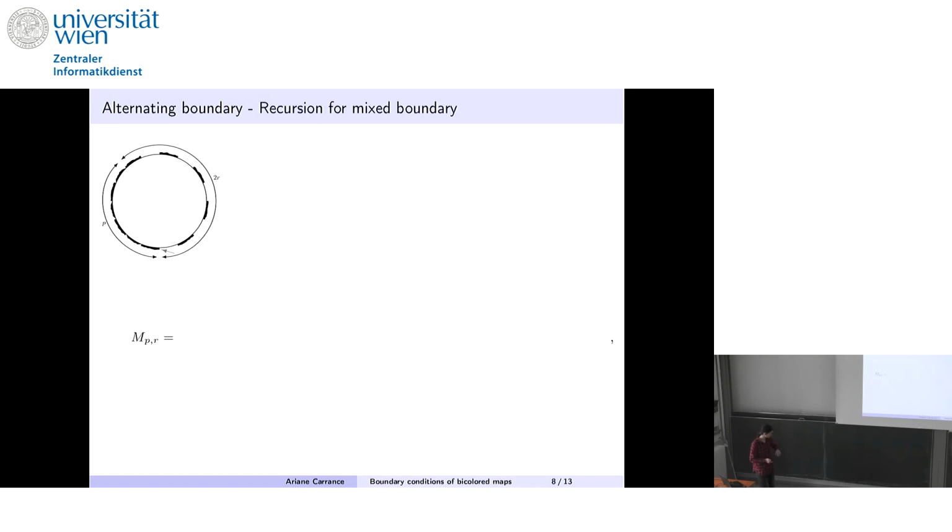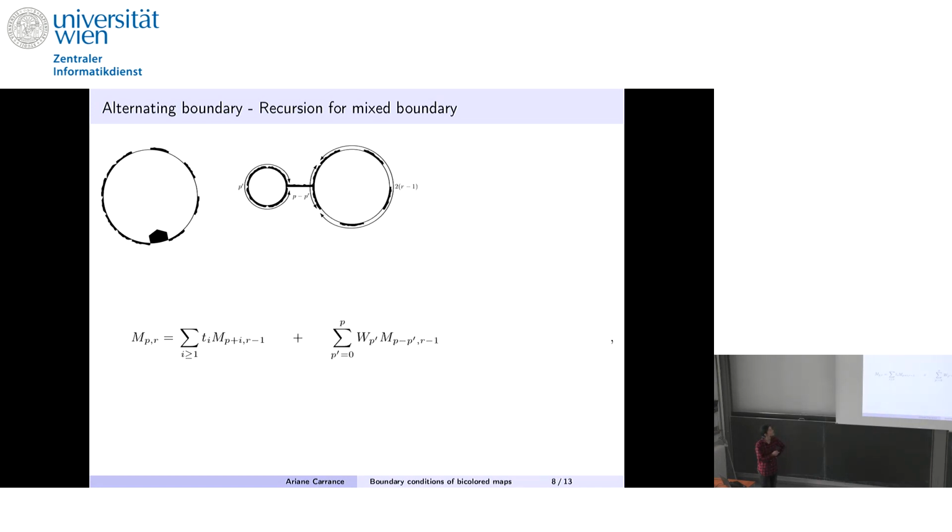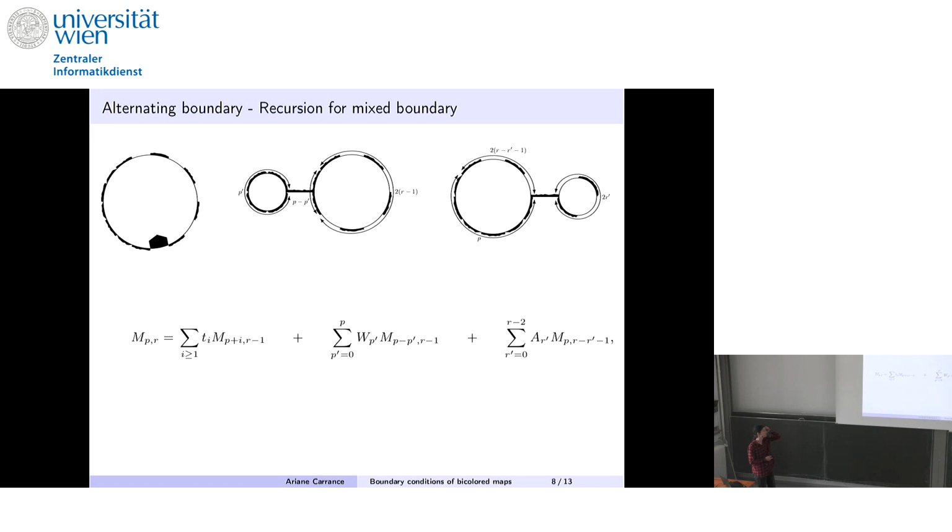And so if we look at the different possibilities of what lies on the other side of this boundary edge, basically either you have a proper internal face, which will add some factor t_i where i is the length of this face, or it can be identified with another edge on the boundary, either one in the monochromatic part or one in the alternating part.